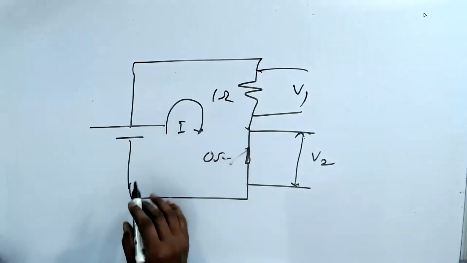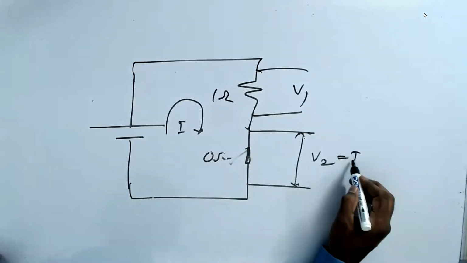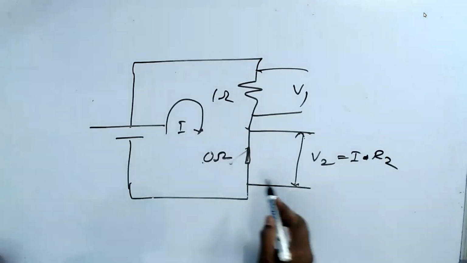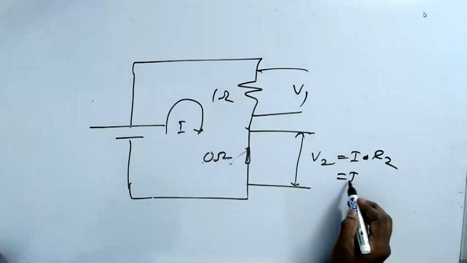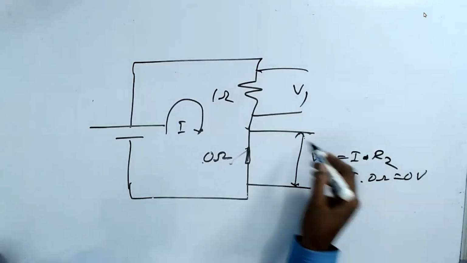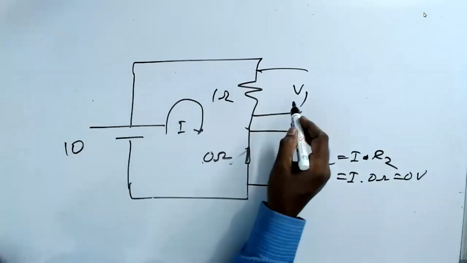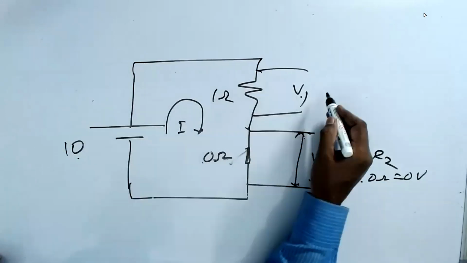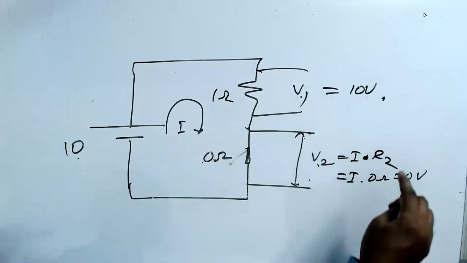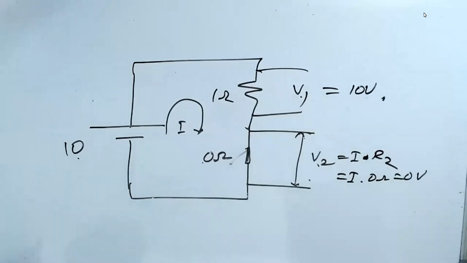V2 is equal to I into R2. R2 is how much? 0 ohm. So, 0 voltage. 0 ohm is equal to 0 voltage. And this one is 10 volts. V1 plus V2 is equal to 10 volts. So understand that. This is 10 volts. This is 0 volt. Fine.